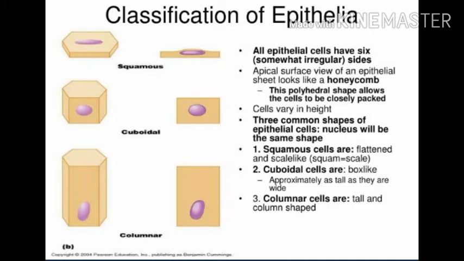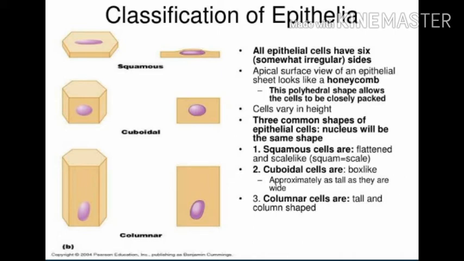The second type of epithelial cells are cuboidal cells. These are box-like cells. Their width and length are almost the same. And the third type based on the shape is called columnar epithelium. These cells are tall or pillar-like, hence they appear to be column-shaped. So based on the shape, epithelial tissue is classified into squamous epithelium, cuboidal epithelium and columnar epithelium.